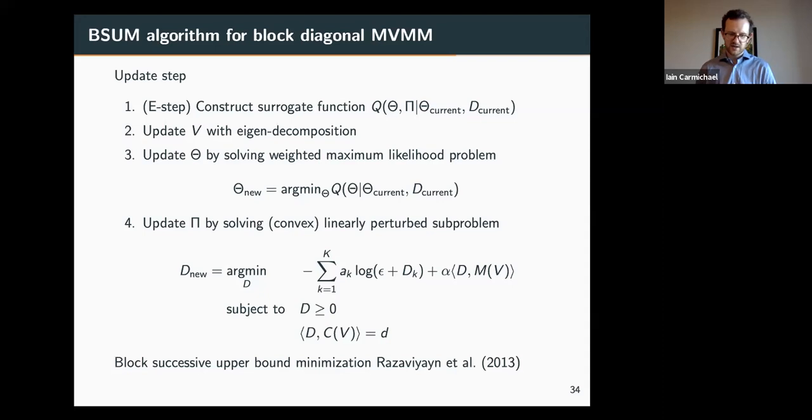And so I'm still working a little bit on, I cited this BSUM paper, and our setting is just a little bit different because we have this sort of added non-convexity from the coupled constraints between D and V. And so I'm still in the middle of proving convergence, but it should work reasonably well because, at minimum, the objective function, for example, is guaranteed to decrease at every step.